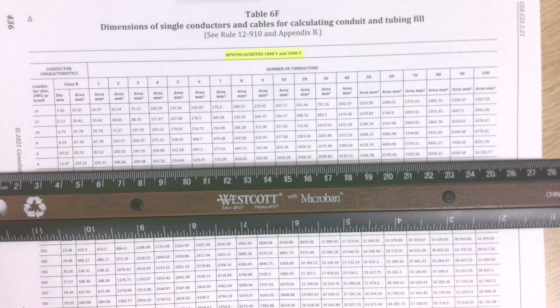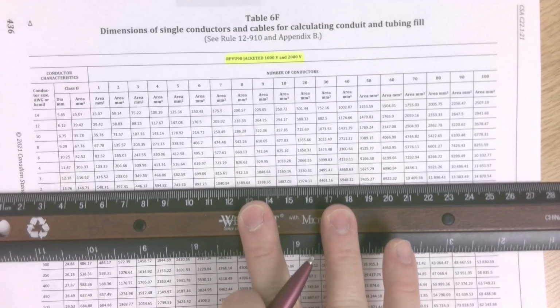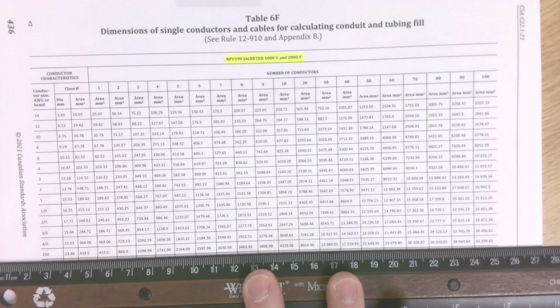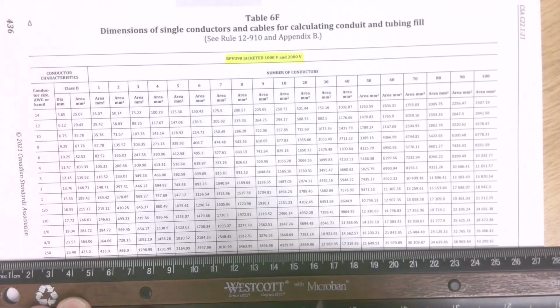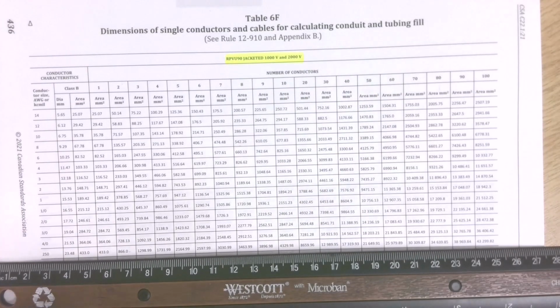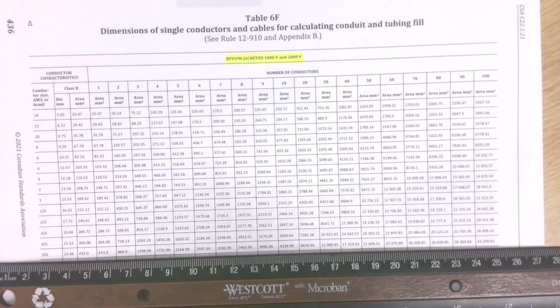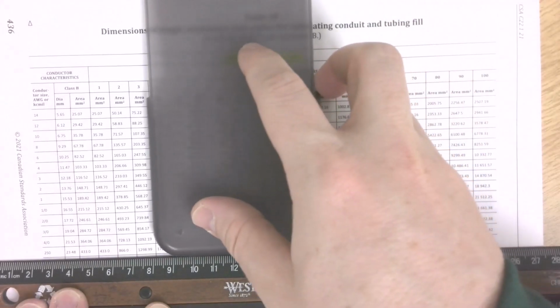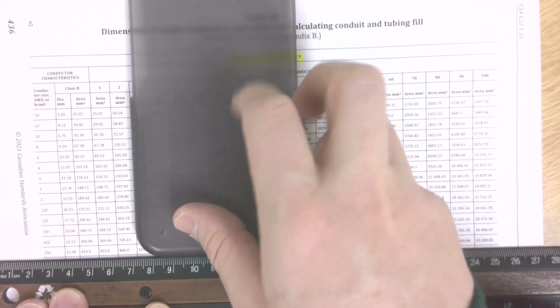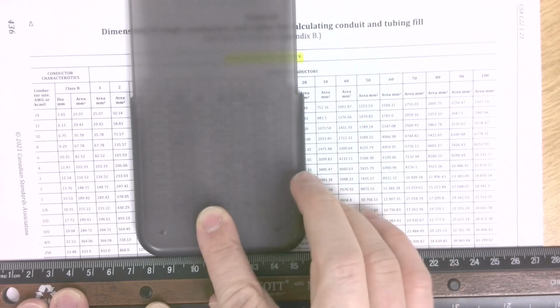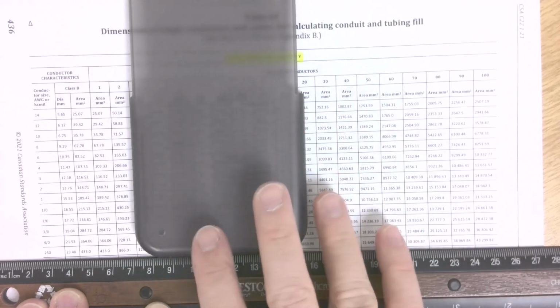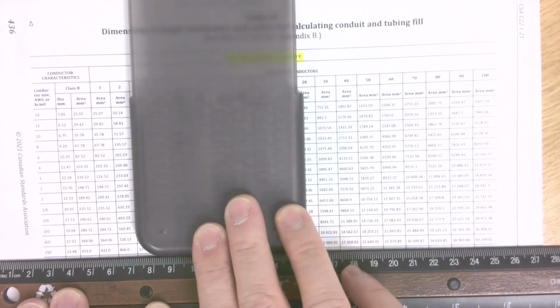Okay, so I'm going to write down 103.33 millimeters squared. Perfect. And then I just scroll down. There's my 250. And I'm going to use whatever you have available. On the TQ, you might just have a bunch of pencils, who knows. So I'm going to use the back of my calculator. You also have a calculator on the TQ, so maybe you can use that in the same way.